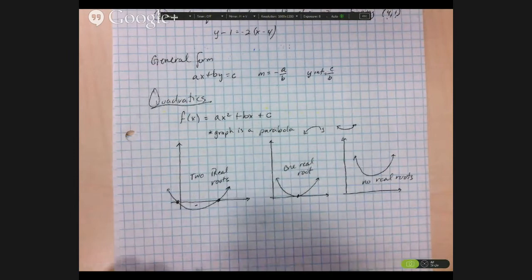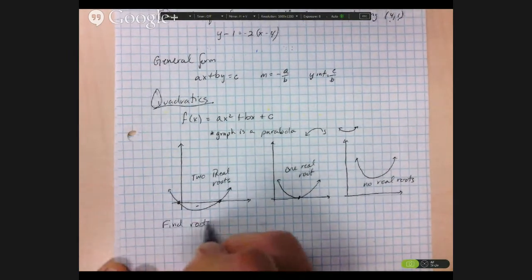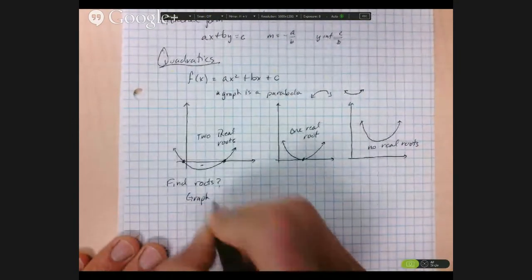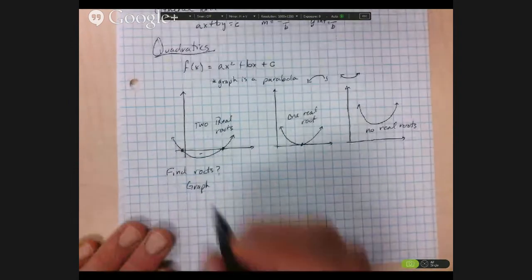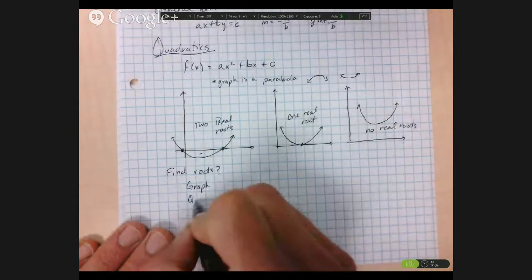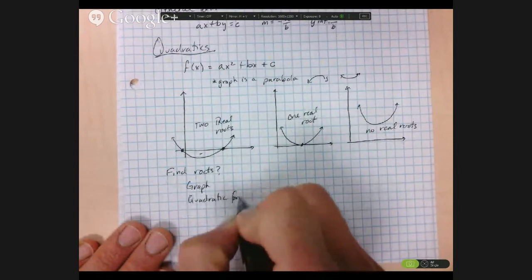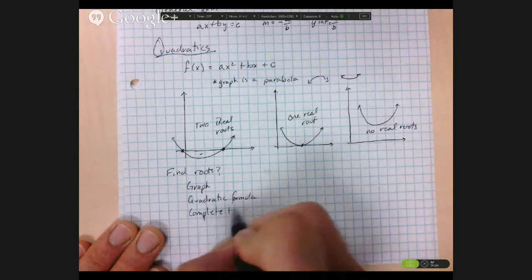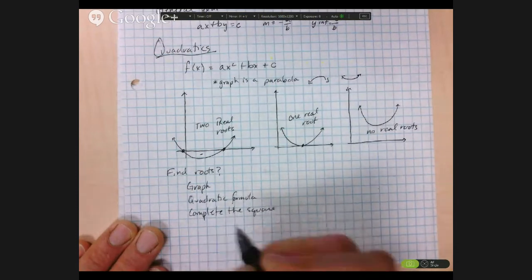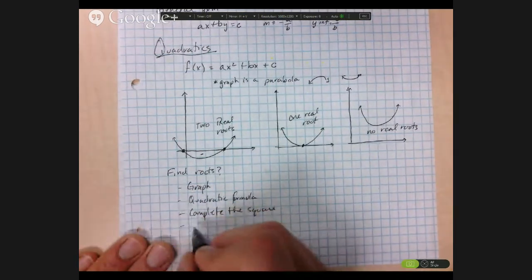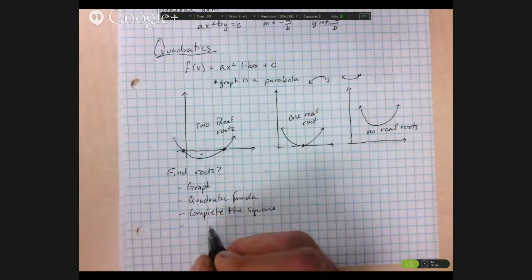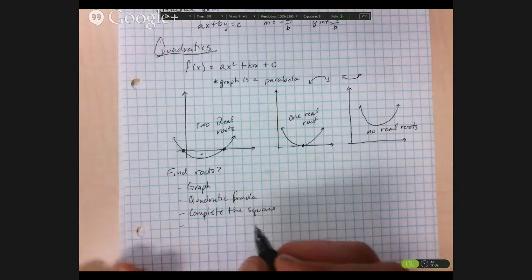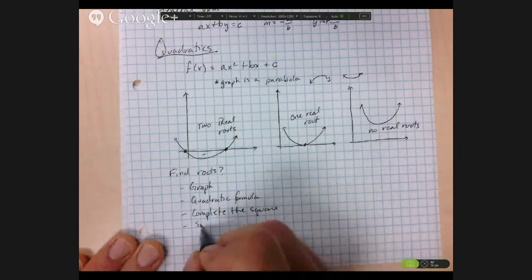So how do we find roots? There are 5 methods. 1, graph. 2, quadratic formula. 3, complete the square. 4, square root.